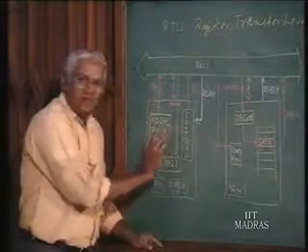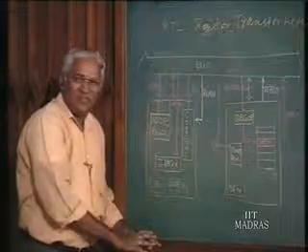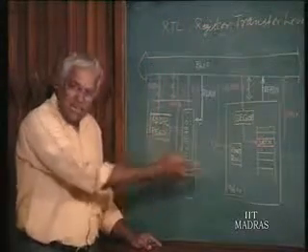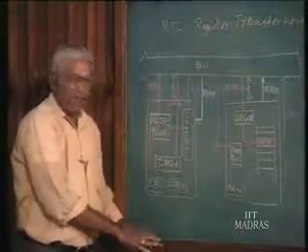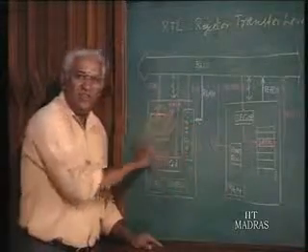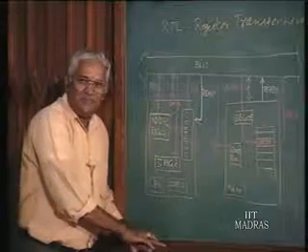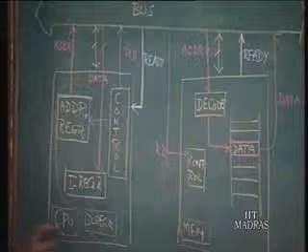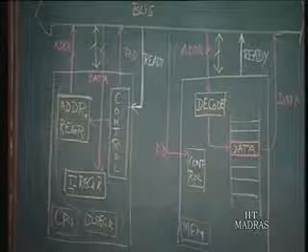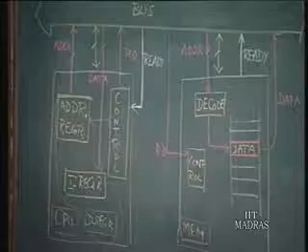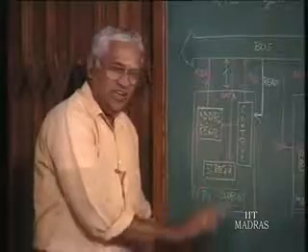He will not bother about all these lower level transfers. But if the programmer is given the capability to write the program at that low level micro program, he is really altering the very basic character of the controller, which means he is altering the basic character of the CPU itself. Well, there are some micro programmable processors also, but remember that is not true of any general purpose processor.